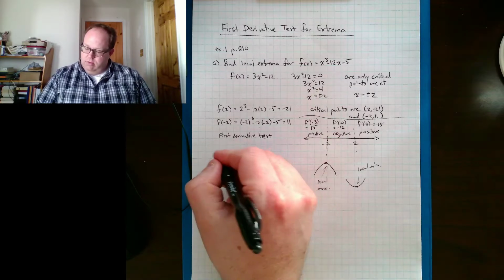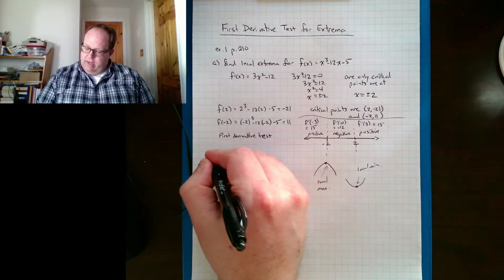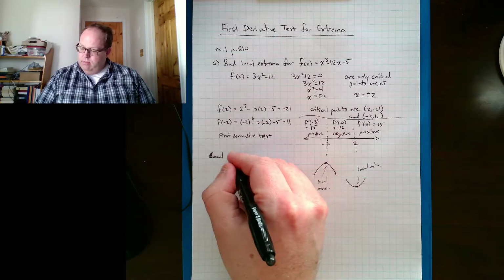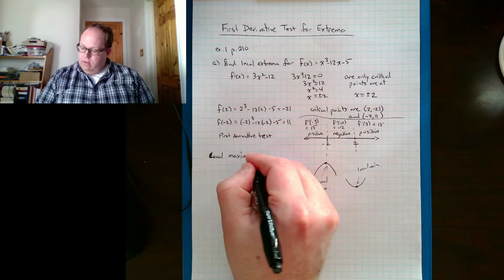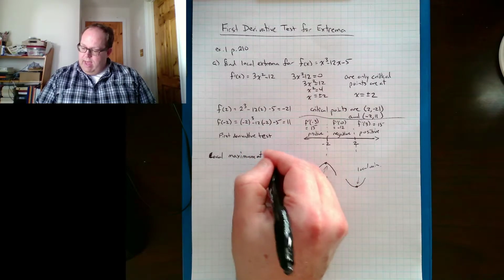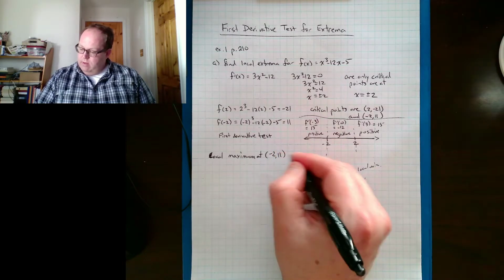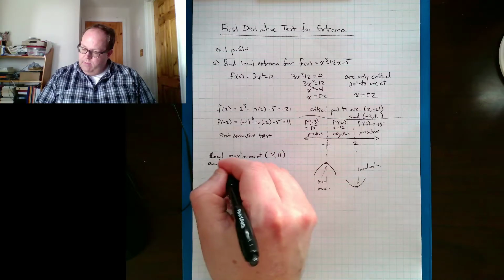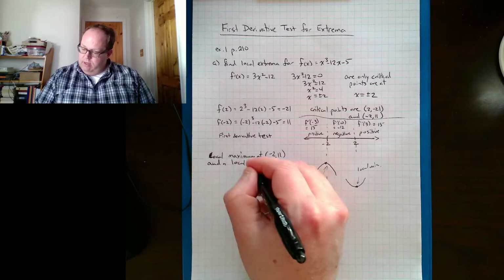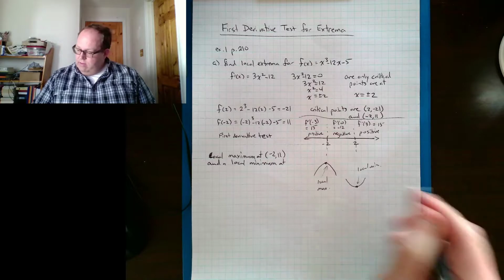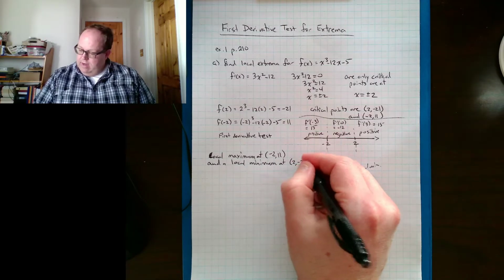So my local extremes, I have a local maximum at negative 2 and 11, and a local minimum at 2 and negative 21.